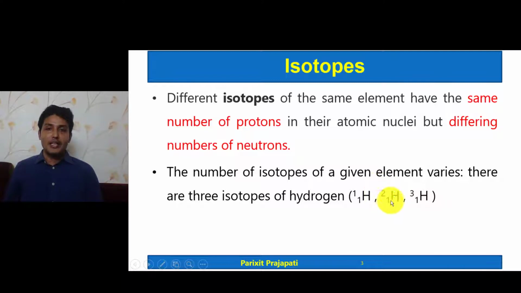So because of that, the atomic mass is 2. While H3, tritium, has one proton and two neutrons. So that means isotopes differ in the number of neutrons, not in the number of protons.